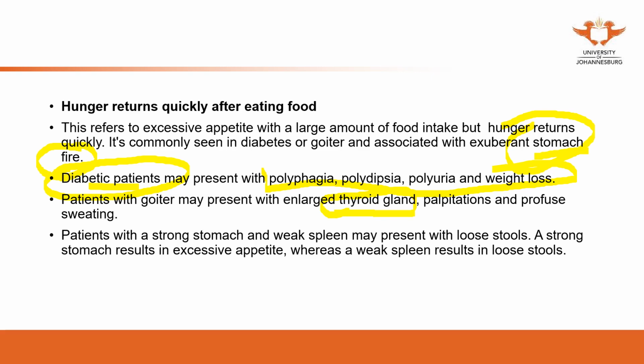Patients with a strong stomach and weak spleen may present with loose stool, which means the patient has excess pathogen in the stomach, but in the meantime has spleen deficiency. So the patient may present with excessive appetite. They want to eat, but they have loose stool. Why are we emphasizing this? Because a patient with stomach heat normally will have formed stool or constipation.